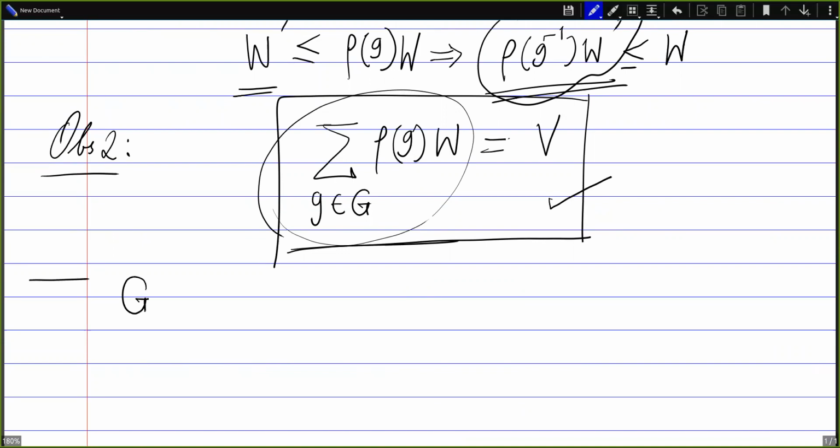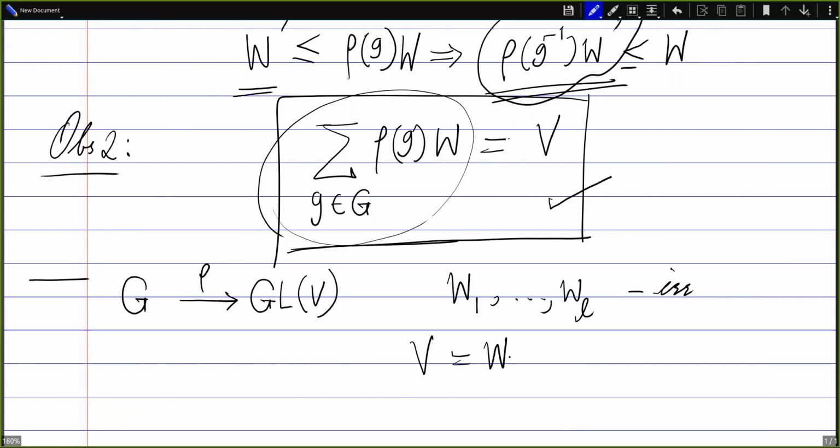So what we recall is, suppose we have a finite dimensional complex representation rho of a finite group G, and W1 up to WL are irreducible subspaces of V, such that V is just their sum.